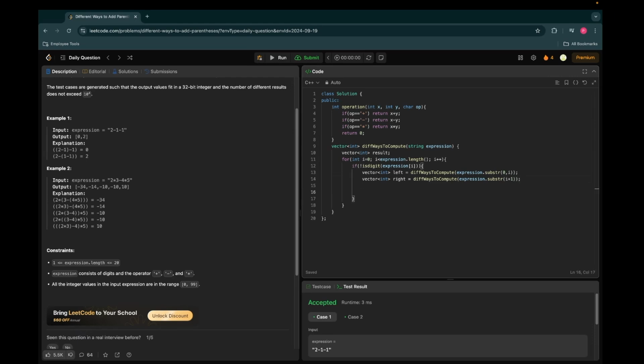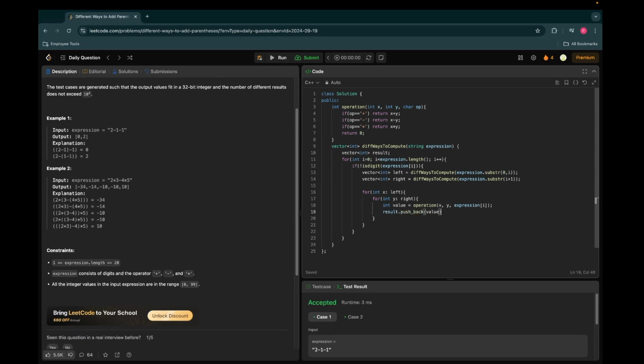And whenever we get our values in the left and right vectors, we will iterate over the left and right vectors, taking x and y, and then we will calculate the value of the expression by that function, that is operation x comma y comma, and what will be our operator? The operator will be expression of i. And we will finally push this in our result.